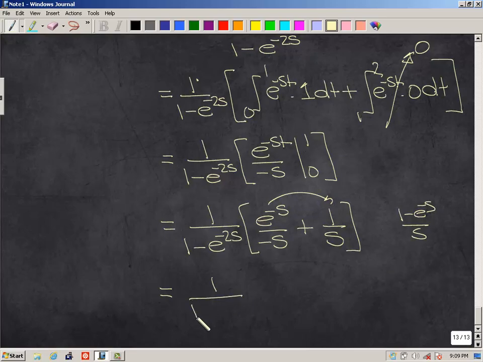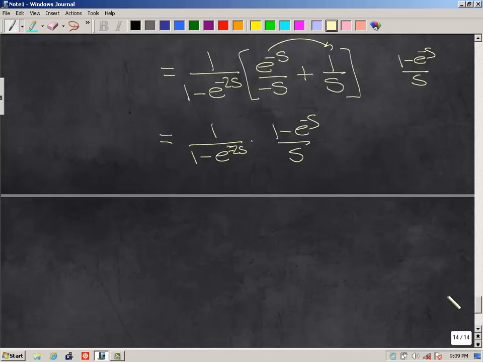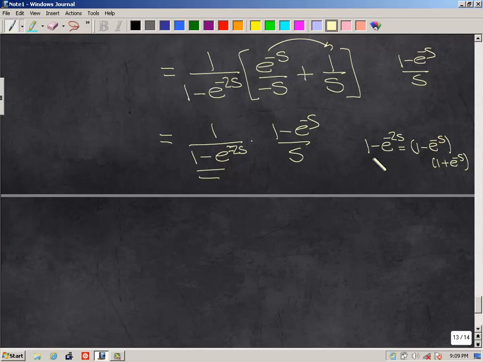So we get 1 over 1 minus e to the negative 2s times 1 minus e to the negative s over s. I can do a little better job. If you think about this, 1 minus e to the negative 2s is the same as 1 minus e to the negative s times 1 plus e to the negative s. If you were to FOIL this, you would just get the difference of two squares.